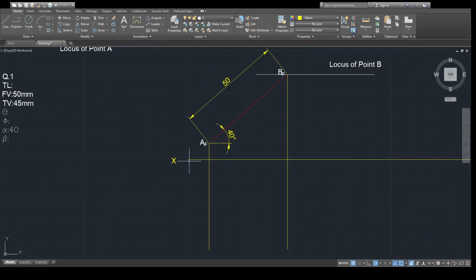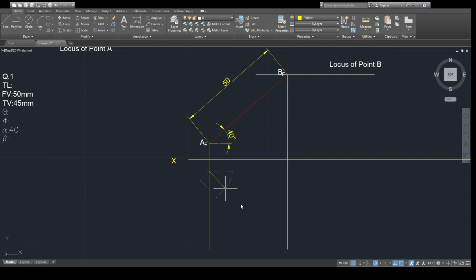Next, I will take one more point AH. It doesn't matter where, you take somewhere here. What you need to do for the top view: we know that front view and top view lie over the same projection. So you take any point here and draw a 45 degree line.